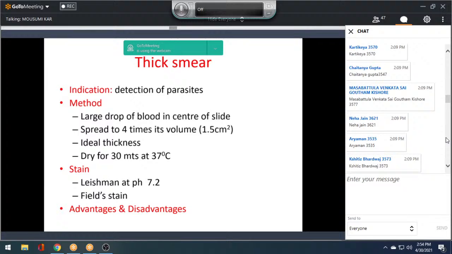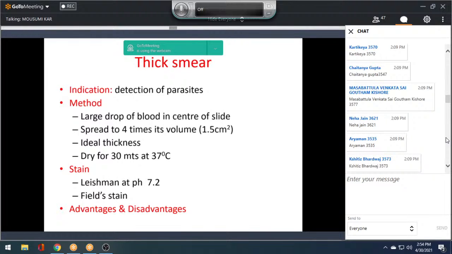Is it extracellular, intracellular? Intracellular means where, inside the RBC, WBC, platelet? Intracellular in the RBC. Very good. So it is intra RBC.